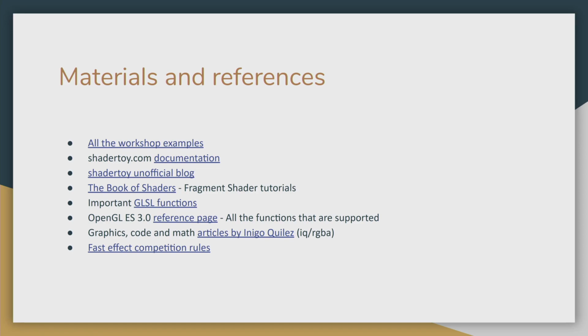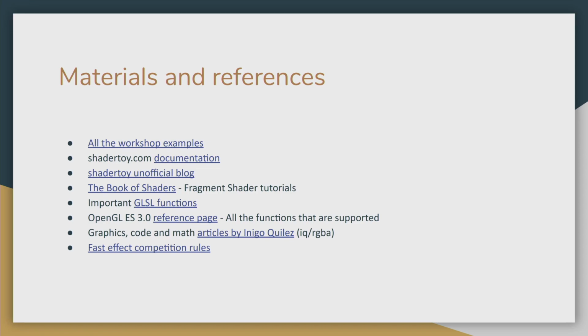If you want to learn more about Shadertoy, there's the Shadertoy unofficial blog where you can get more information. And if you want to learn more about shader coding, there is the Book of Shaders. It's a very nice site that has basic information on how you could start coding your fragment shaders.